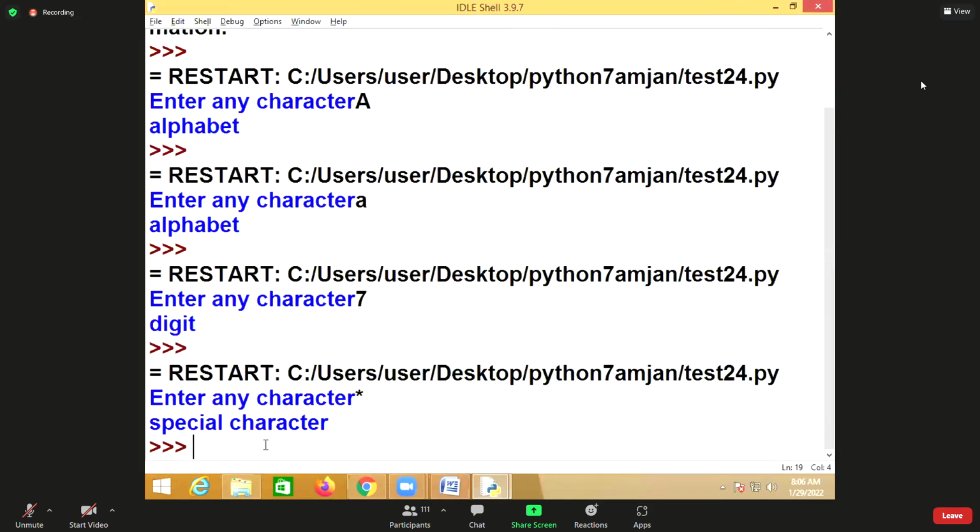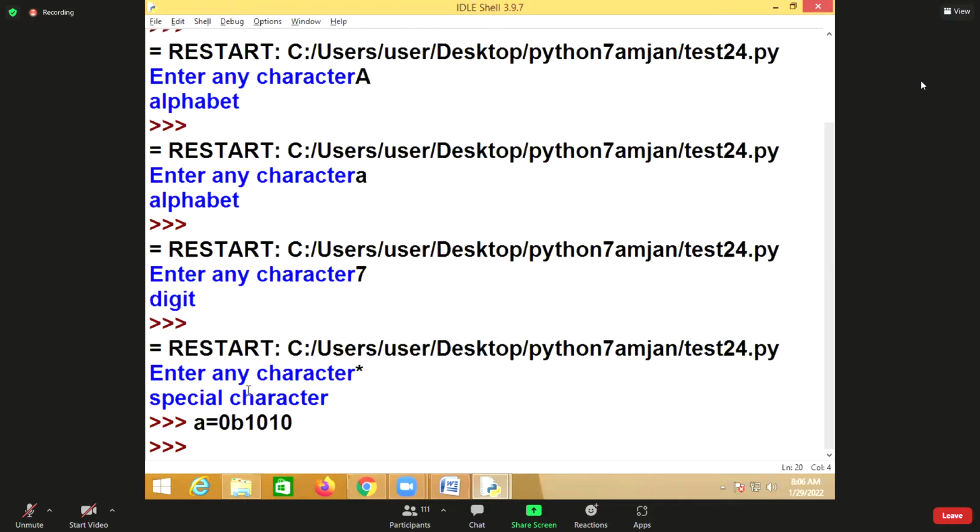For example, I can write, suppose the A value is 0b1010. I am representing the value in binary format. What is the decimal equivalent of 1010? 10.